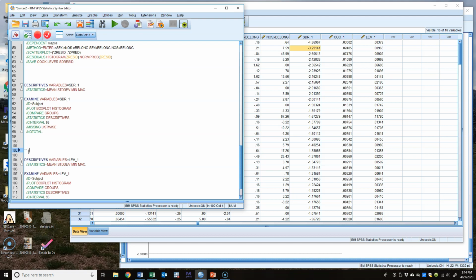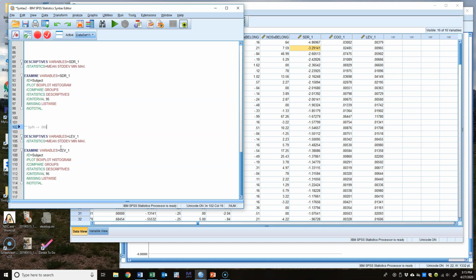We're going to use a cut point of 3 times the number of predictors divided by n, which for these data, I have 5 predictor variables, my 3 base predictors and my 2 interactions. So 3 times 5 divided by 220 is going to give me a value of 0.068.